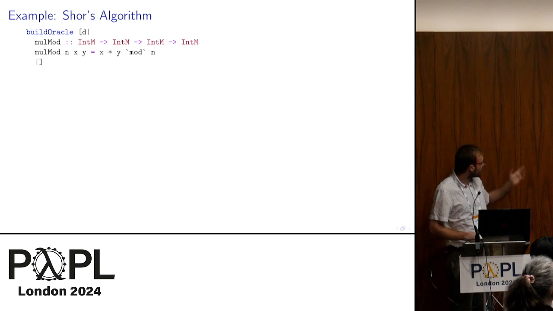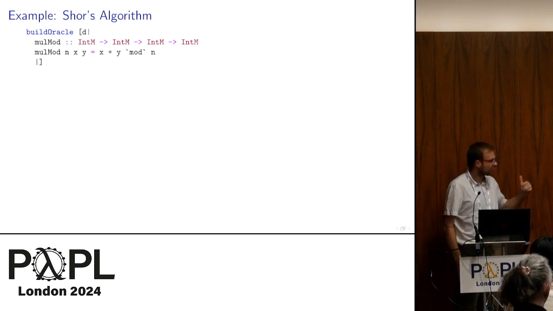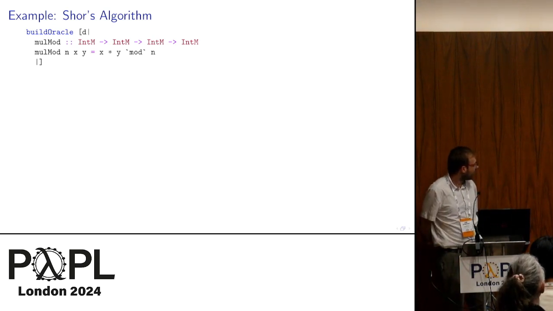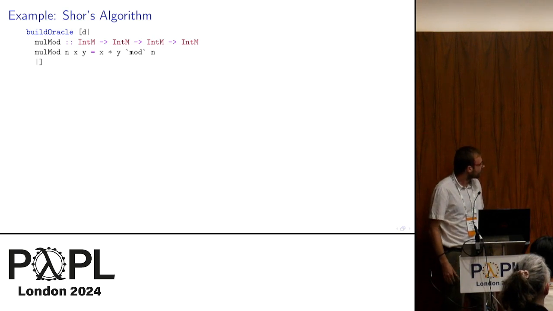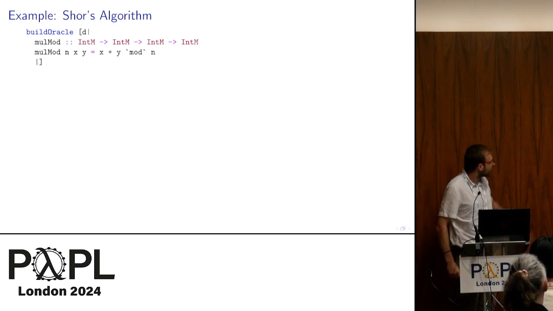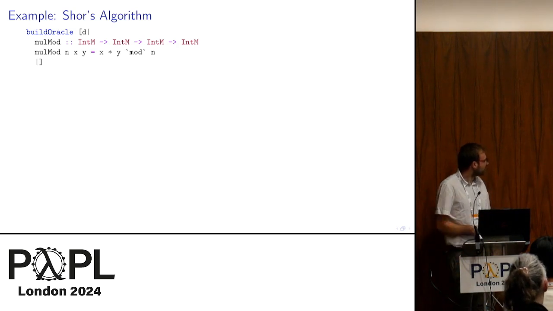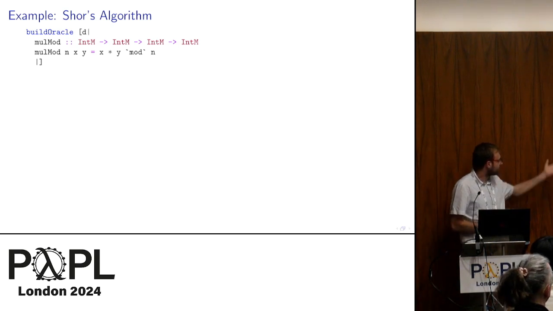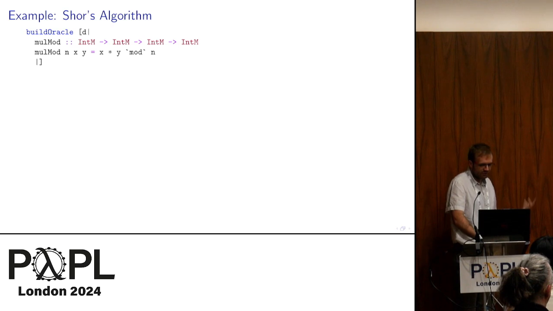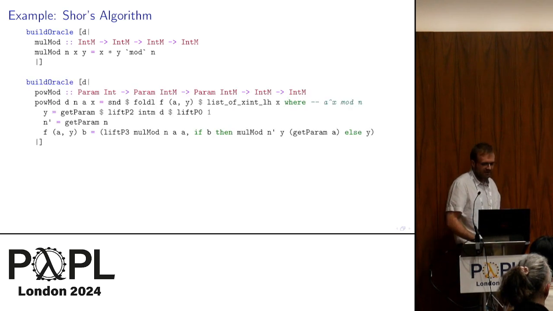So for a more complete example, here's Shor's algorithm, specifically for factoring now, and then I guess this is the period finding subroutine of it. So you would build a function to do modular multiplication, which is the obvious implementation.